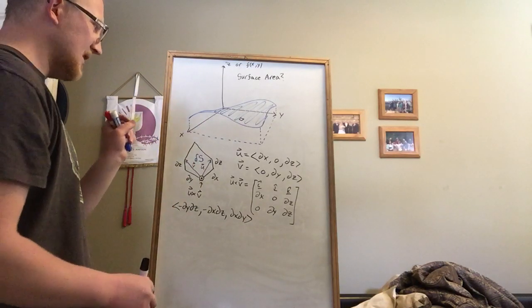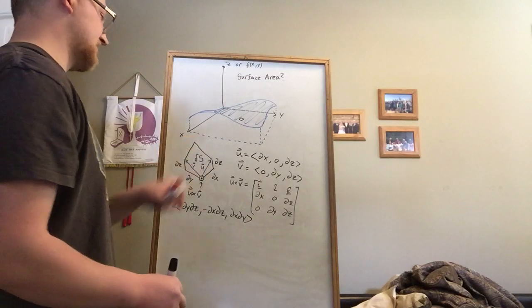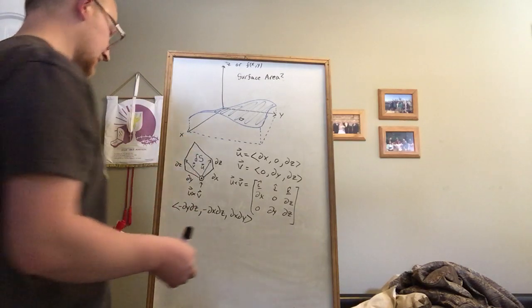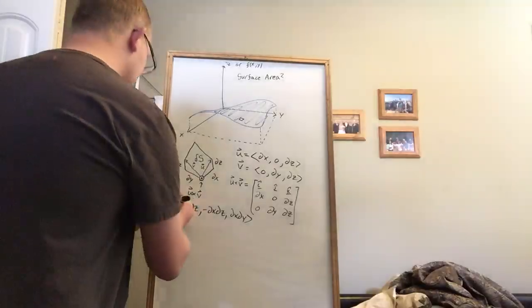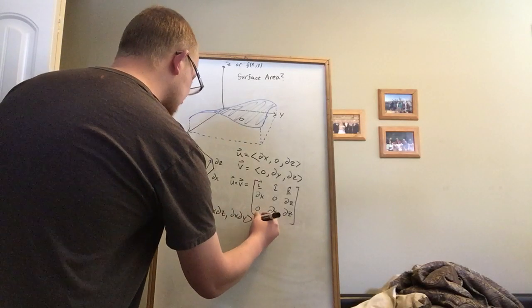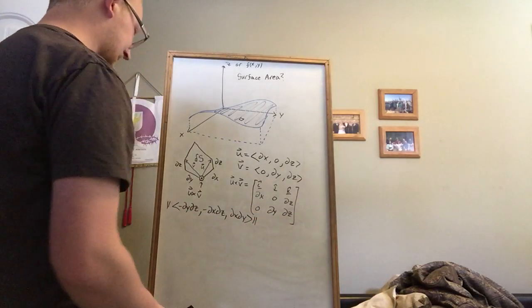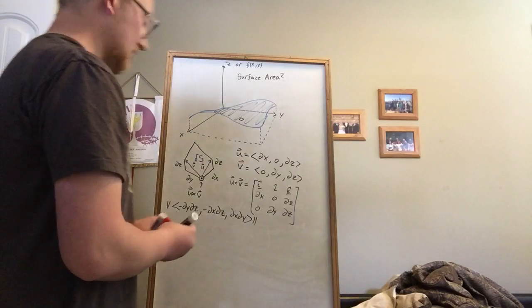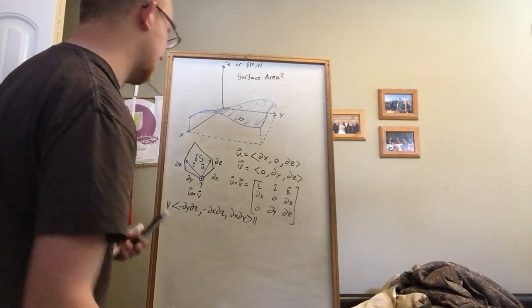So if we want to figure out the surface area here, what we would do is take the magnitude of this vector. And so to do that, I'm going to make a little bit of space up here.